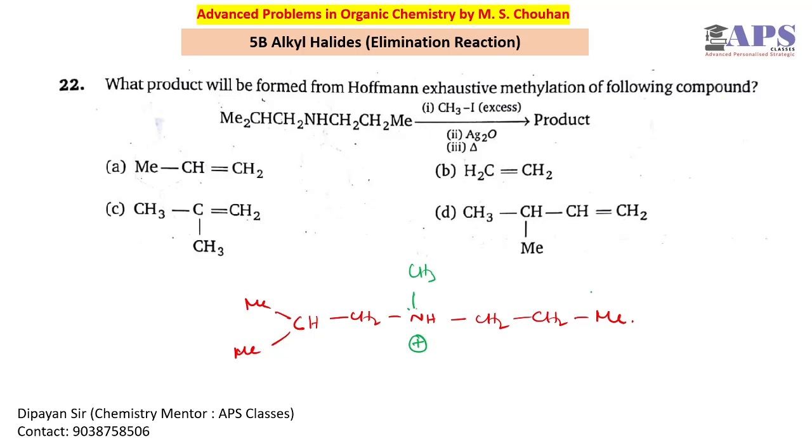Now we have to remove the beta hydrogen where the number of hydrogens is more, because moist Ag2O will give a low concentration of OH minus. So initially point out the beta carbons.